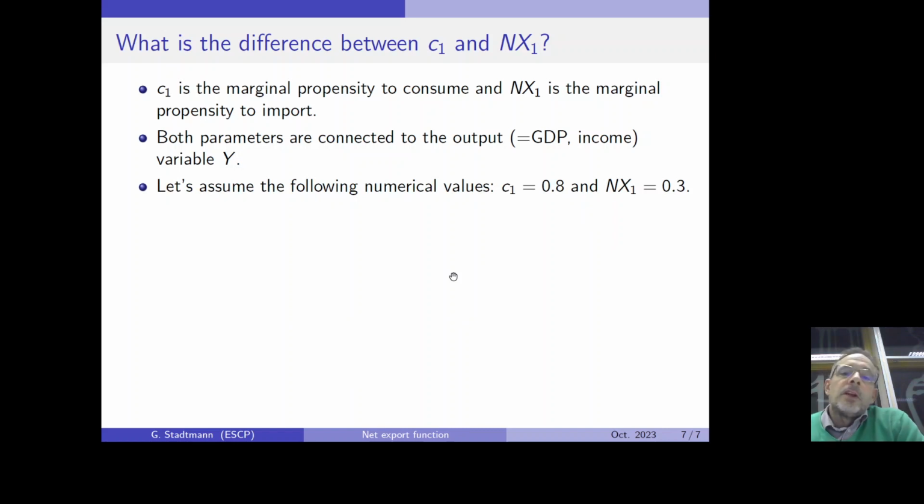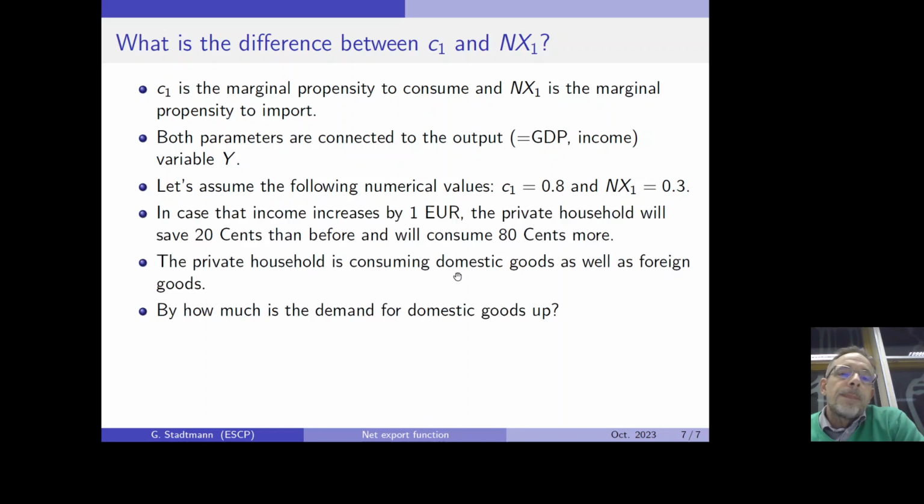Let's assume the following numerical values. Let's assume that the marginal propensity to consume, C1, is equal to 0.8 and NX1 is equal to 0.3. What does it imply? In case income increases by €1, private households will save 20 cents more than before and will consume 80 cents more than before.